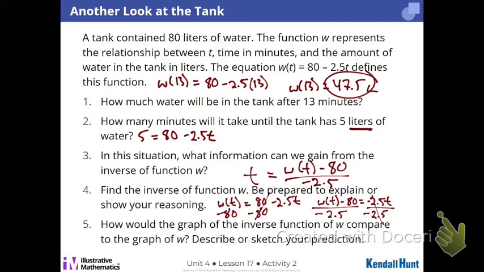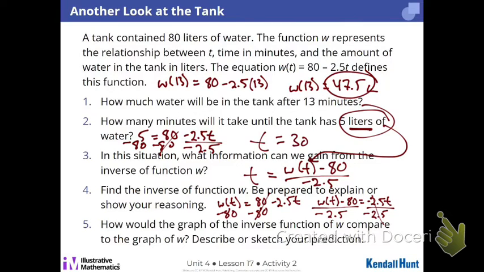There's also an equivalent one where we could do 80 minus W of t over 2.5. But again, here's the minus 80 right here, and here's your divided by negative 2.5 right there. So what is the time we ended up with for 5 liters? I can take 5 liters, smack it into there, and we get 30 minutes.